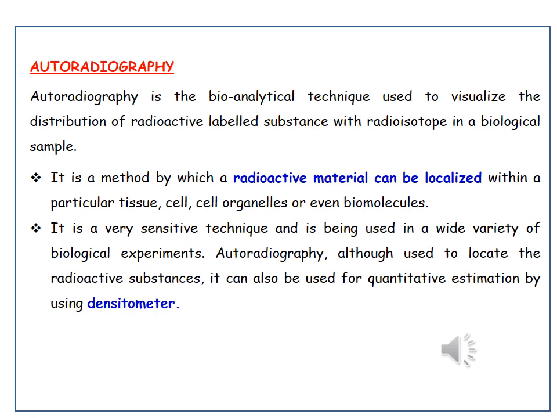It is a very sensitive technique and is used in a wide variety of biological experiments. Although autoradiography is used to locate radioactive substances, it can also be used for quantitative estimation by using a densitometer.